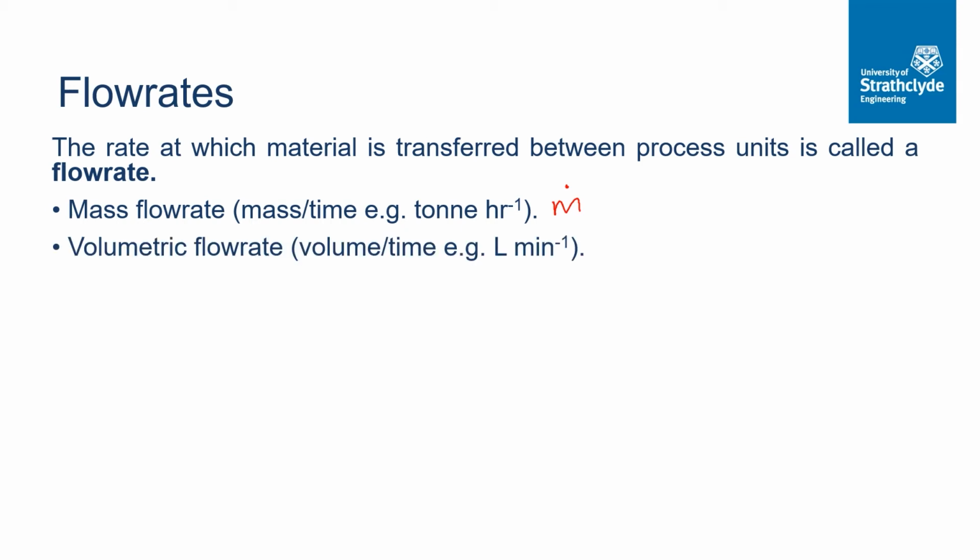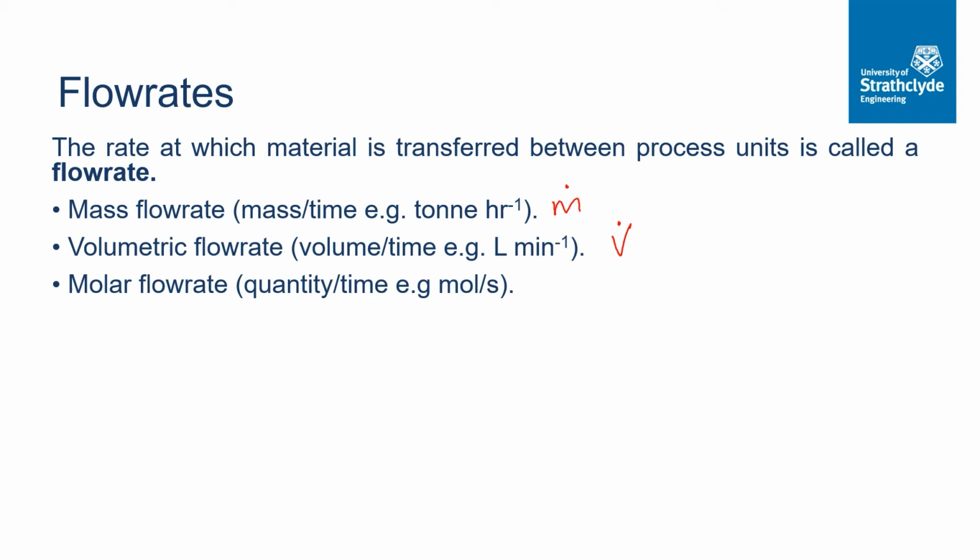We could also present our material flow rate as volumetric flow rate, and that would be given, of course, with the symbol V dot. And the key thing to note here is that, again, the units could be any volume divided by any unit time. So for example, liters per minute, centimeters cubed per second, etc. Also, it may be relevant, particularly for a reaction taking place in, say, for example, a reactor or a reactive stripping column, whatever it is, the molar flow rate may be important.